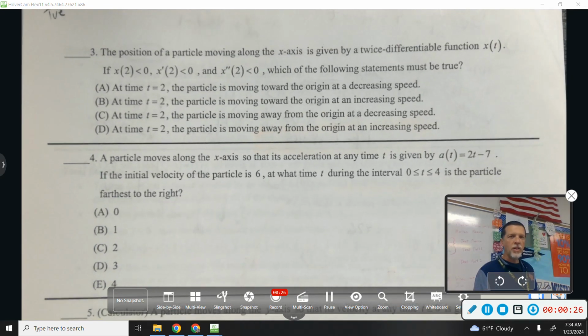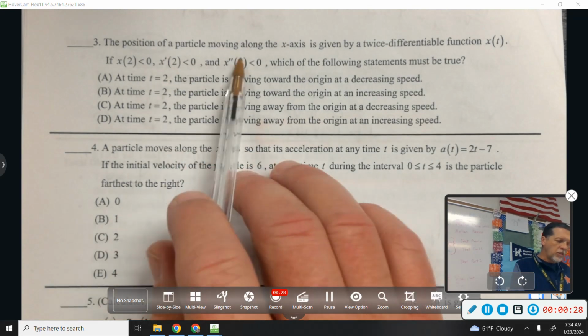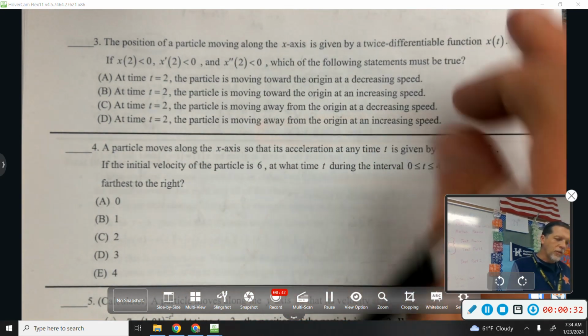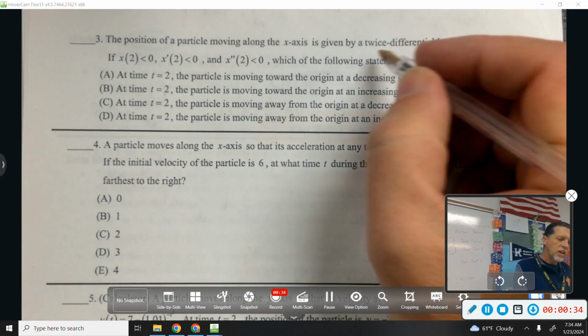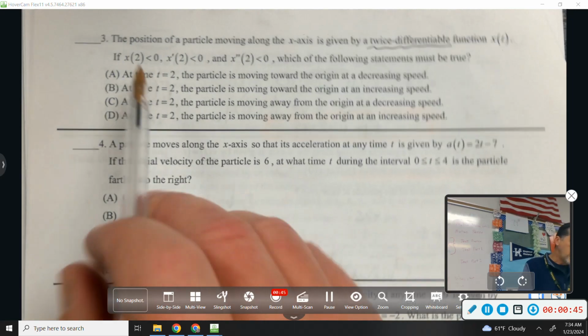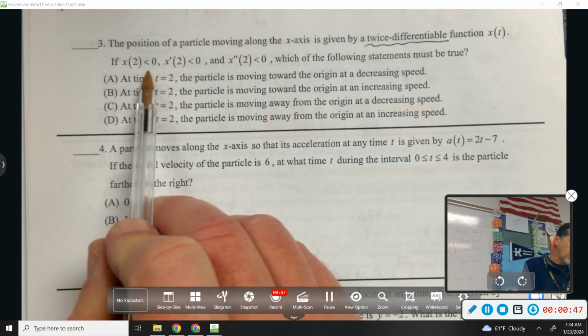All right, so example 3 here off the notes. The position of a particle moving along the x-axis is given by a twice differentiable function. Again, that just means it has 2 derivatives. So the velocity exists everywhere and the acceleration exists everywhere. X of 2 is less than 0.